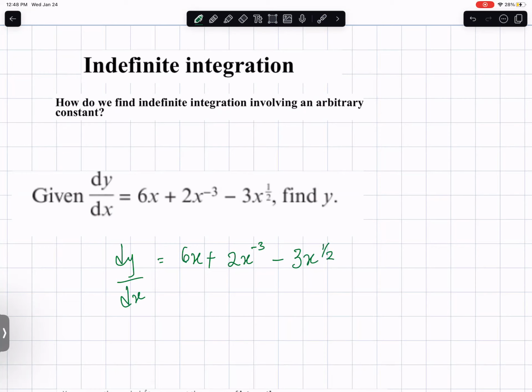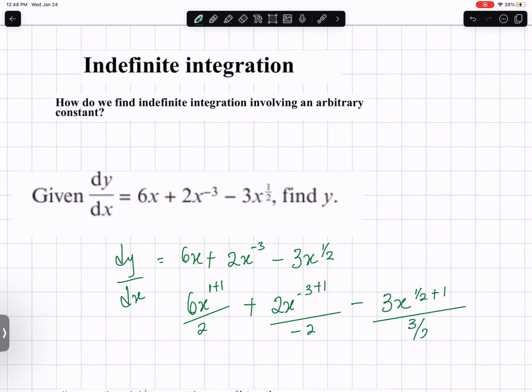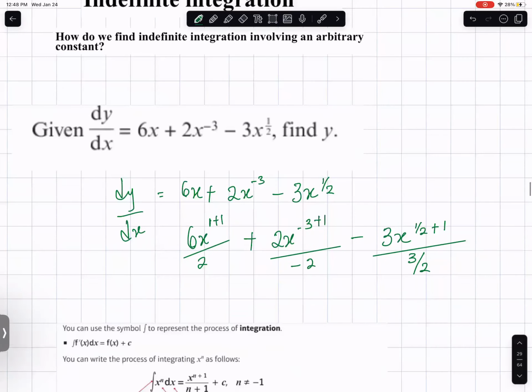So finding y in our integration, we'll say this is 6x^(1+1), which is 2, then we'll divide this by 2, plus 2x^(-3+1) divided by -3+1, which gives us -2, minus 3x^(1/2+1), which gives us 3 over 2, so this is divided by 3 over 2. This is what we established in the first class with regards to integration.